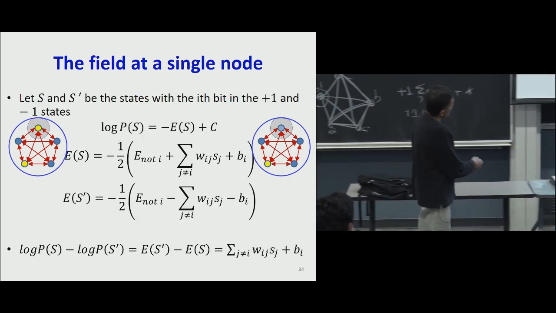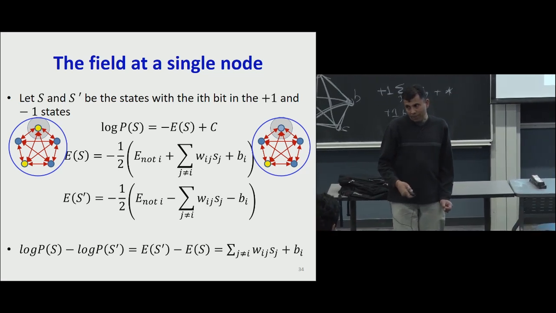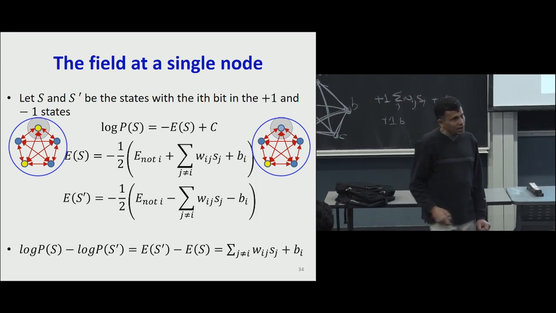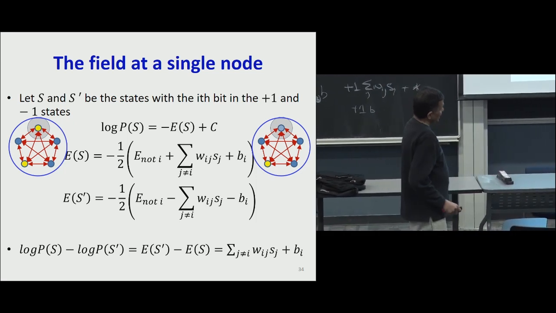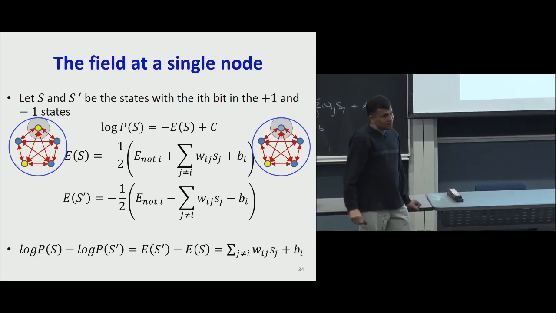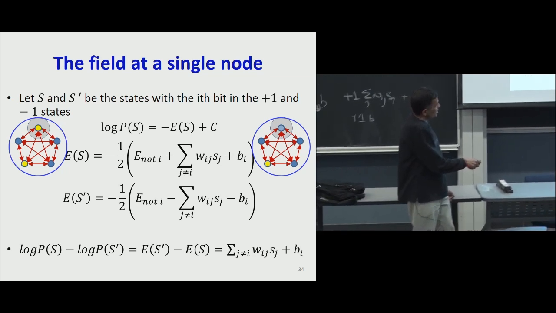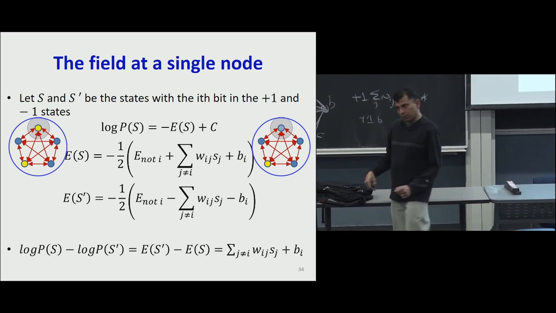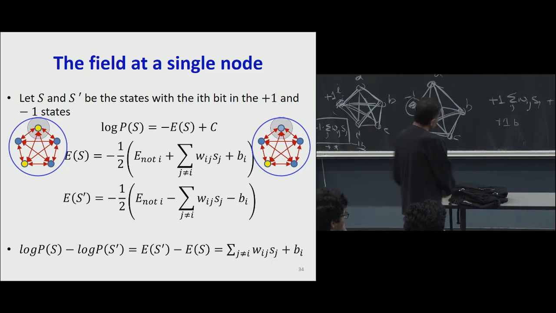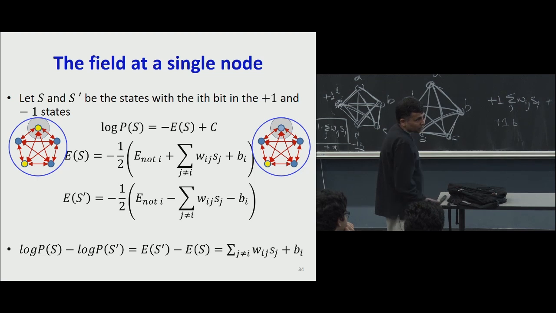And so the difference between the log of the probability of this state where s takes the value 1, and the log of the probability of this state where s takes value minus 1, is simply going to be the difference between these two, which ends up, if you go through the arithmetic, as just the field at the current node. That's all it is, right? Everyone with me? This is very straightforward. There's nothing particularly complex over here, right?